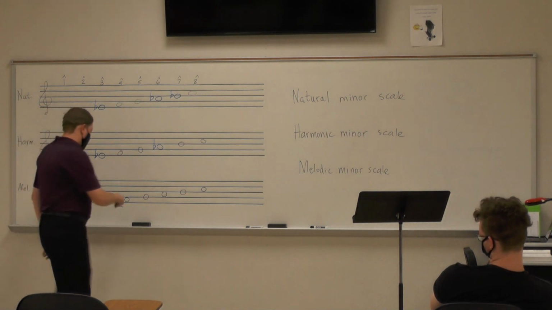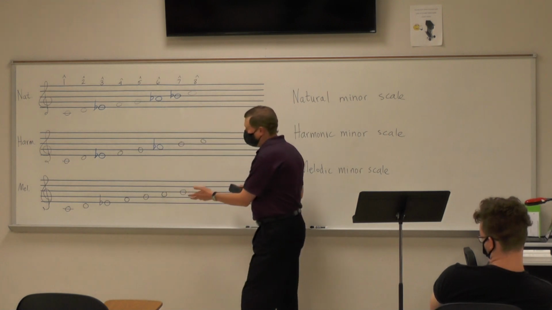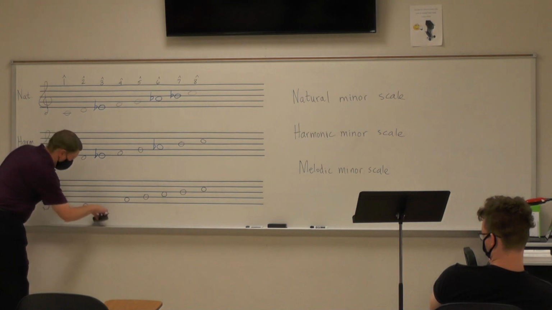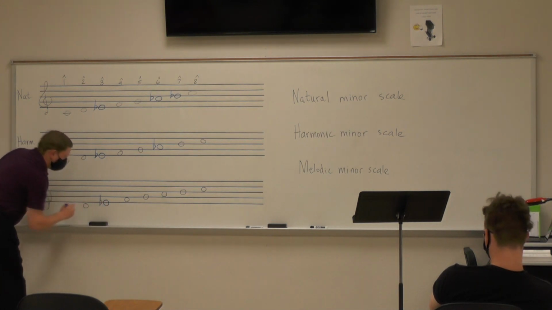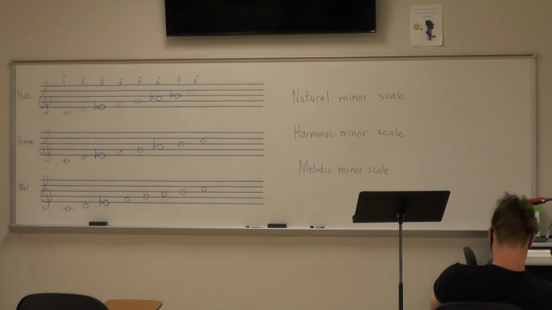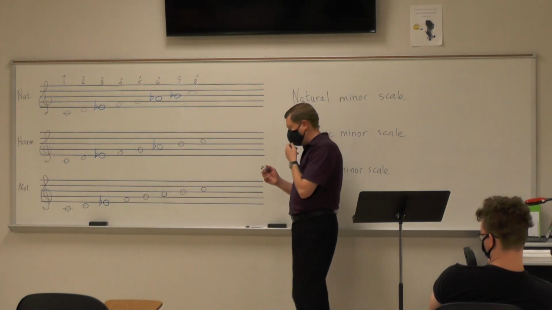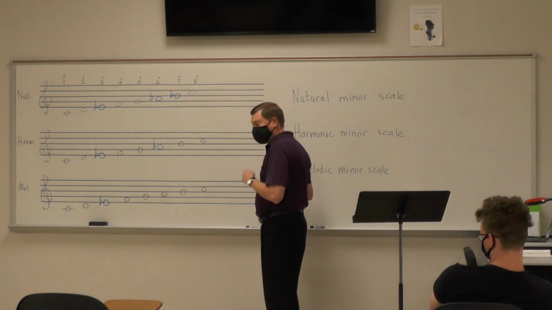All right, so to get an ascending melodic minor scale from a major scale, all you do is lower scale degree 3, which is what I already did. That's it. You don't have to touch scale degrees 6 and 7. You leave them as the major 6th and the major 7th scale degree. And that is a correctly spelled ascending melodic minor scale on C. Now, I don't have enough space left on my staff here, but I can at least give you an idea of how this is going to go.